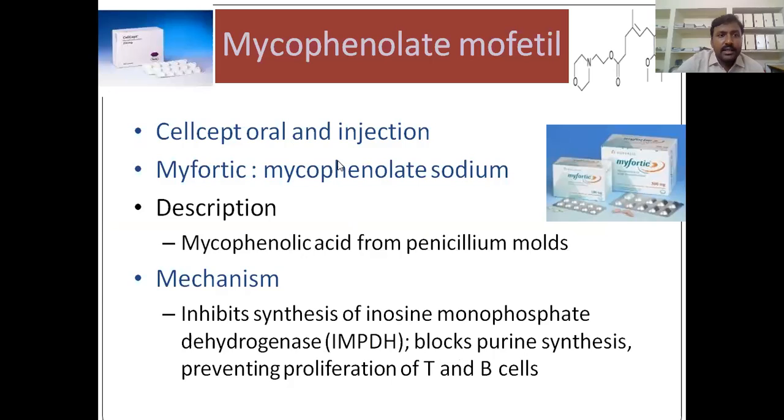Next, it is available both oral and injection, and it is derived from mycophenolic acid obtained from Penicillium molds. Mechanistically it inhibits inosine monophosphate dehydrogenase, blocks purine synthesis, and prevents the proliferation of T and B cells.